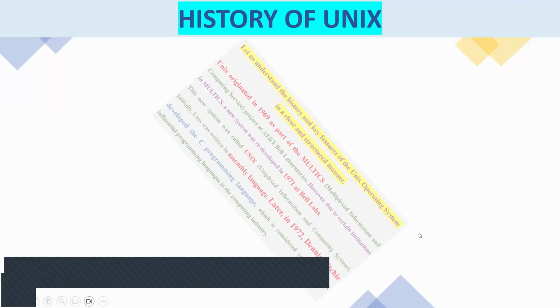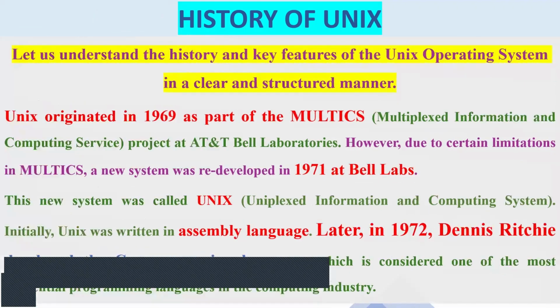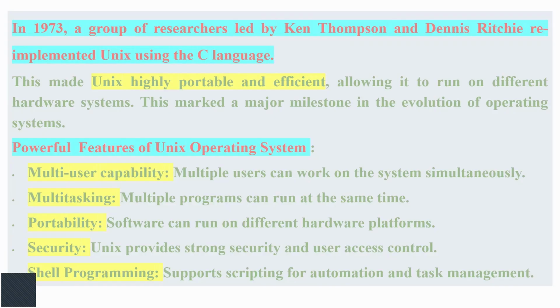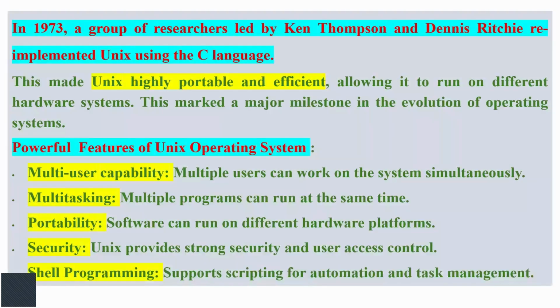Unix introduced several important features such as multi-user capability, multitasking capability, hierarchical file system, and strong security mechanisms. These major features made it highly reliable and suitable for both academic and industrial use.